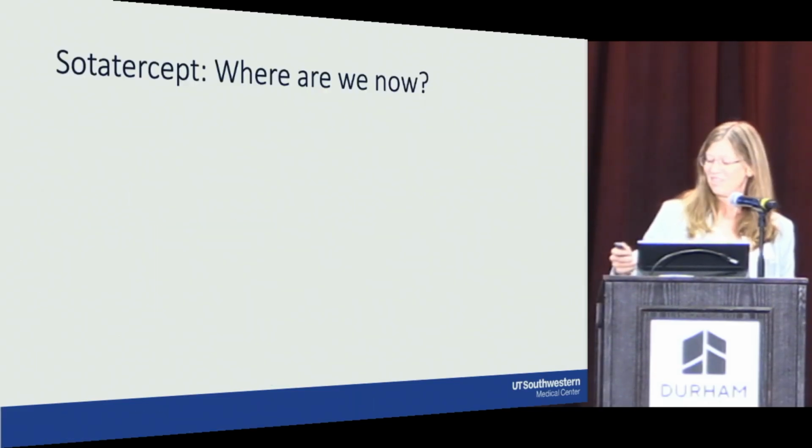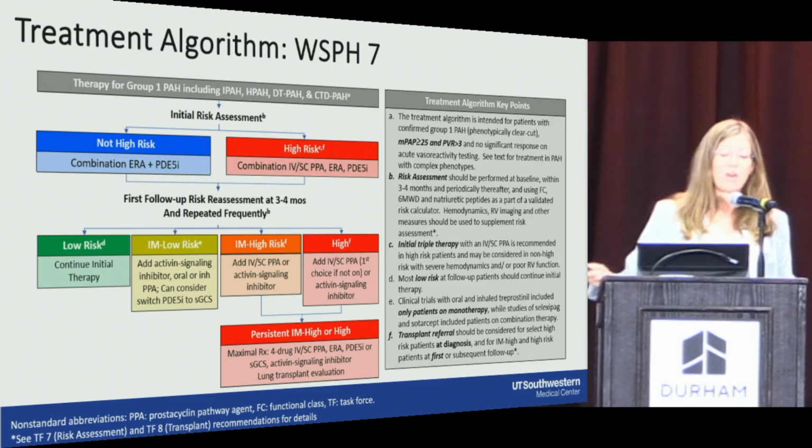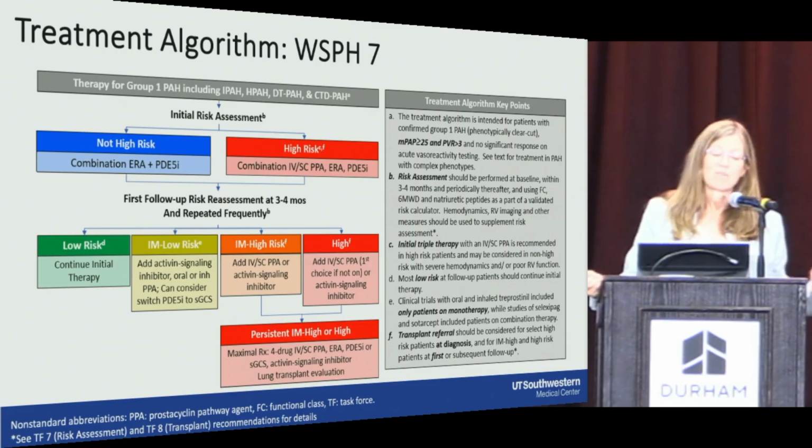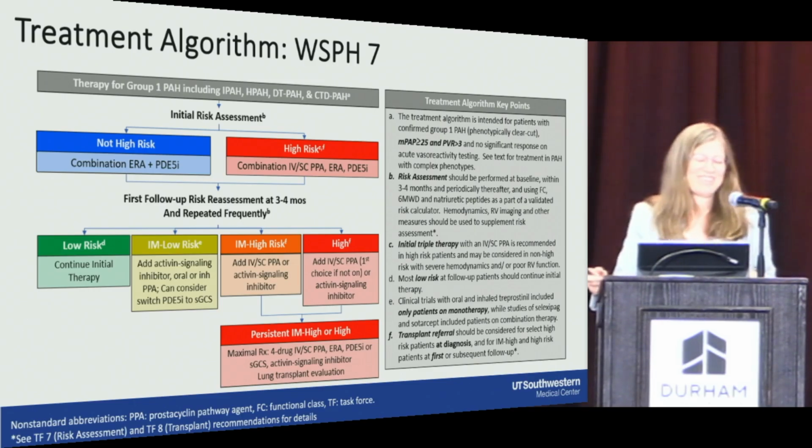So, oops, go back one. So in the intermediate low risk, what's written in the Seventh World Symposium guideline or algorithm, sorry, it's not a guideline, it is an algorithm, expert consensus conference. Let me get that right.